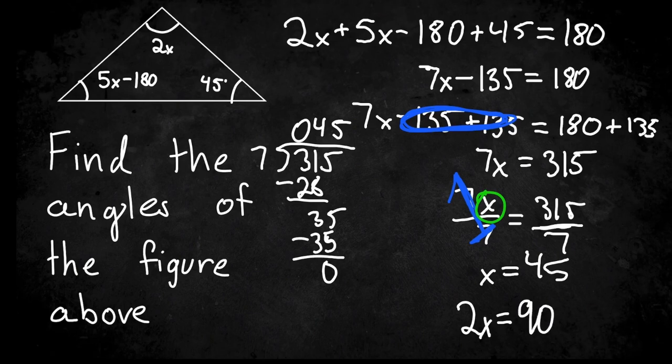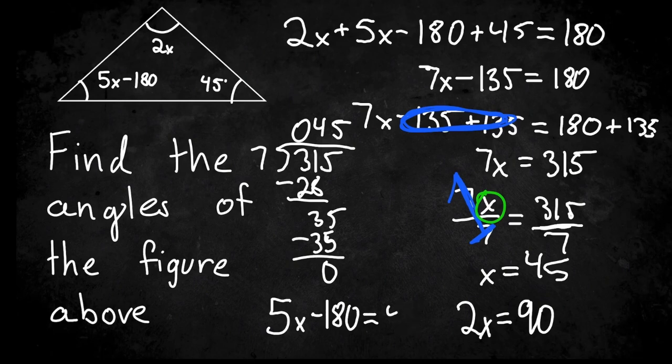Then you have 5x minus 180, so 45 times 5 is 225, and 225 minus 180 equals 45, right?